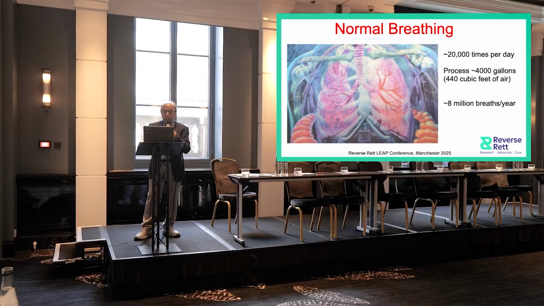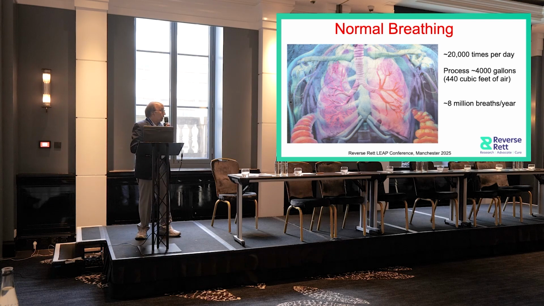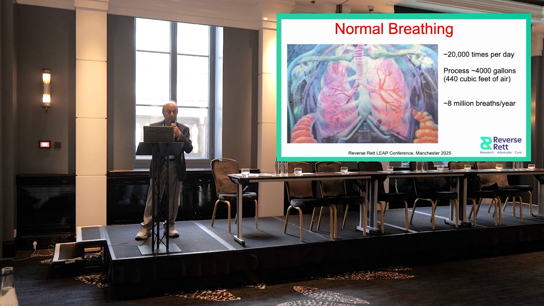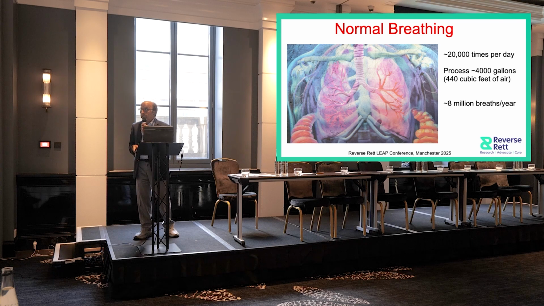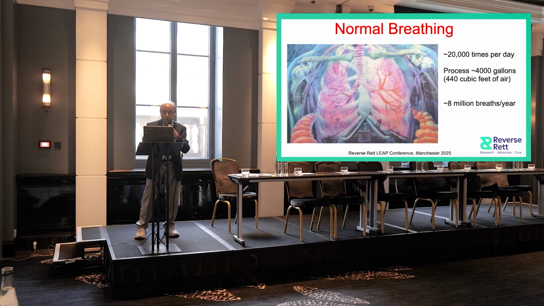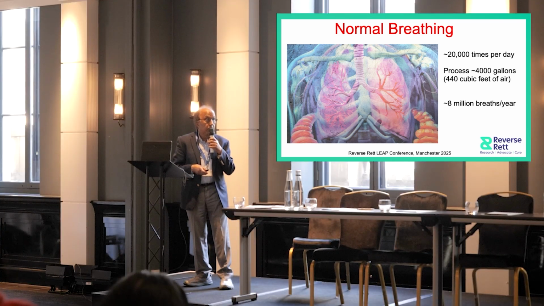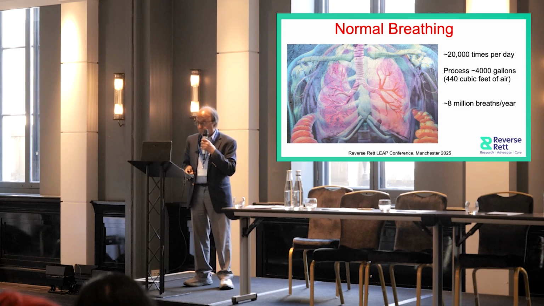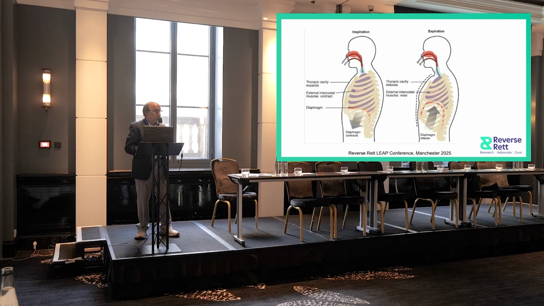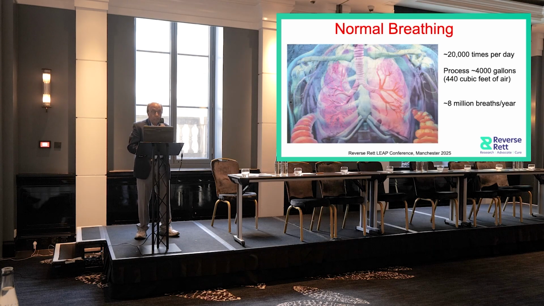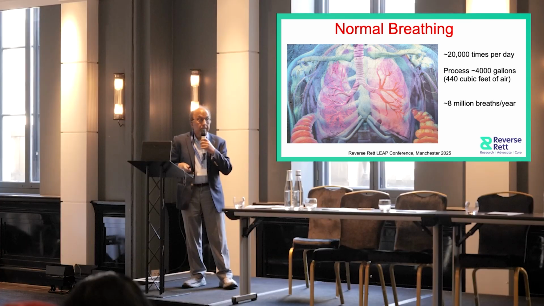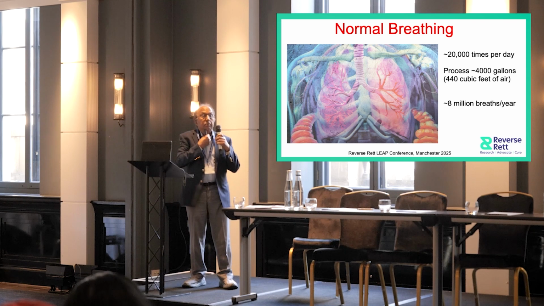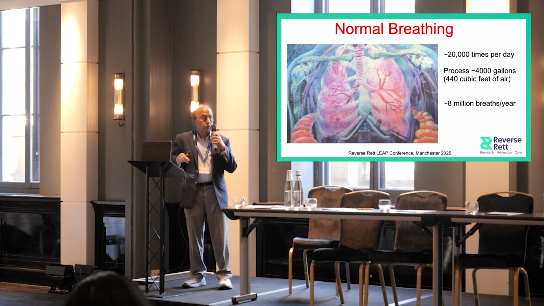When we talk about normal breathing, we breathe 20,000 times per day, which translates into 8 million breaths per year. Each time we breathe, we are processing around 4,000 gallons or 440 cubic feet of air in our lungs. You see the windpipe, or the trachea, which divides like the branches of a tree.